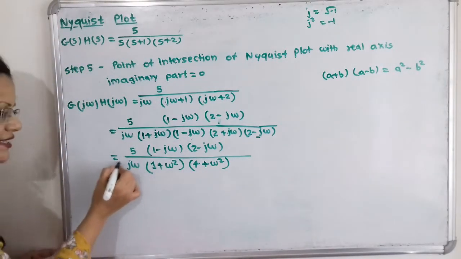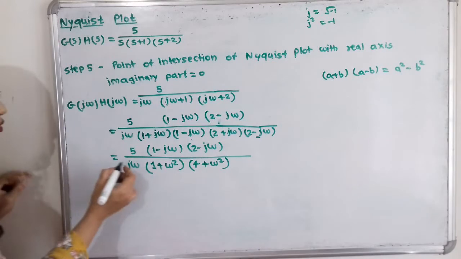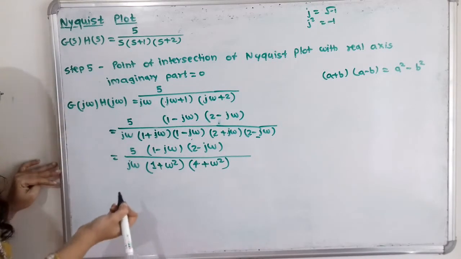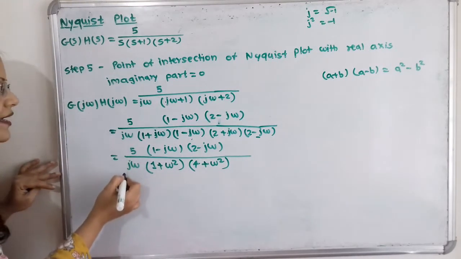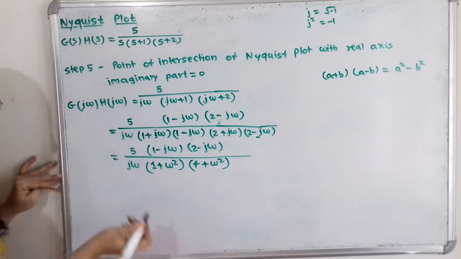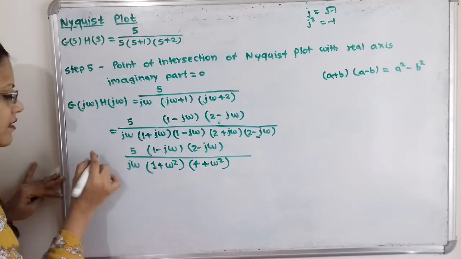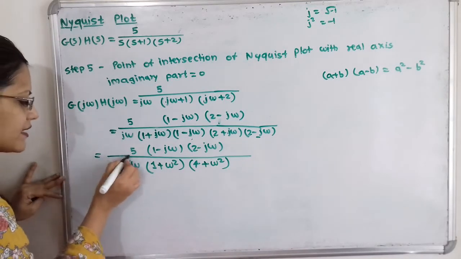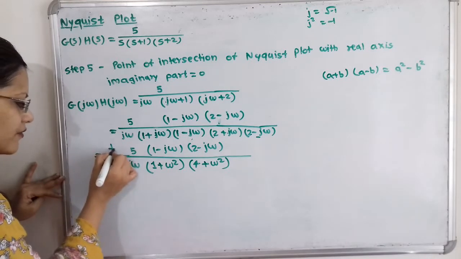Now this j is in the denominator, so we have to cancel this. So how to cancel this? I will multiply and divide here with 1 by j. So in the numerator and denominator I will take 1 by j.